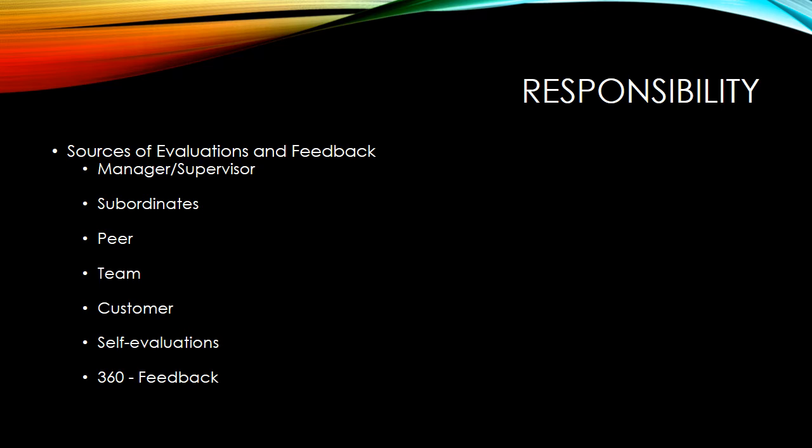It can come from a team of employees. It can come from the customer. There are also self-evaluations where the employee evaluates their own performance. And then there's a method called 360-degree feedback, which comes from all directions, from above, below, and peer.